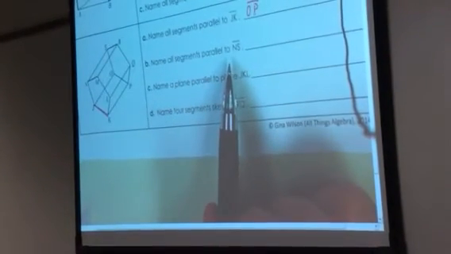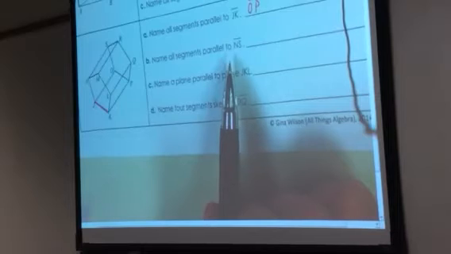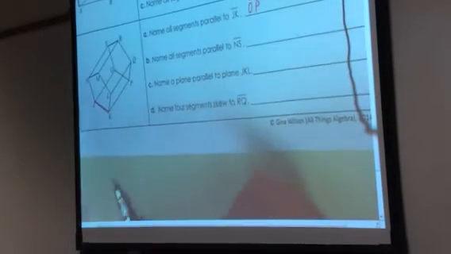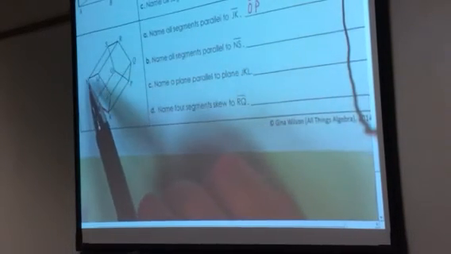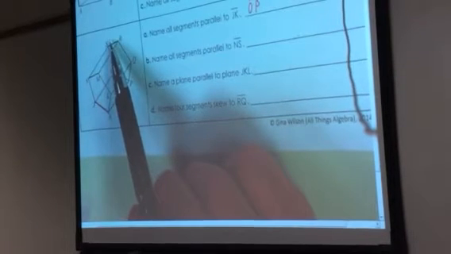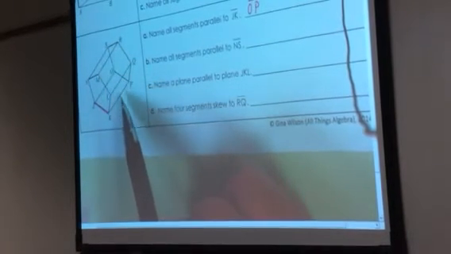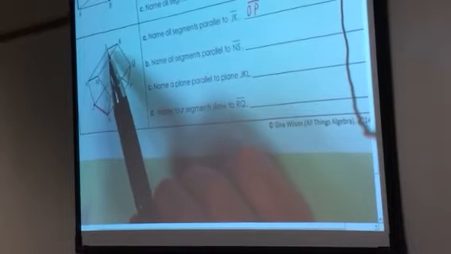So that would be my parallel segment for JK. Now it says name all the parallel segments to NS. I have a lot here. NS is going from front to back. That means every other segment that's going front to back is going to be parallel to NS. So I have NS, then I would have MR, right?